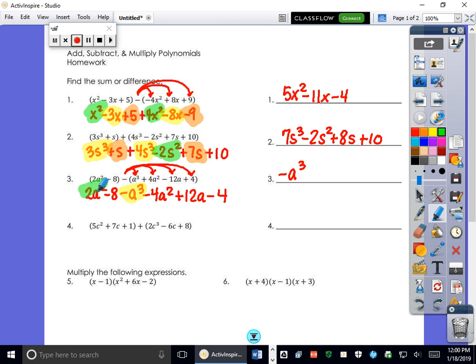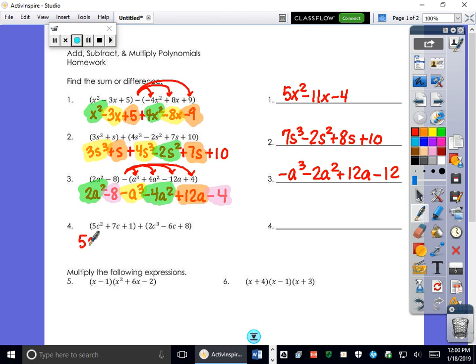We have 2a squared and negative 4a squared, which gives you negative 2a squared. We have the 12a, which would come next. And then we have the negative 8 and the negative 4, which is negative 12.